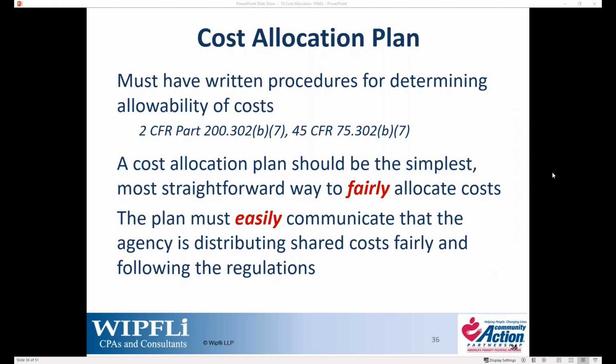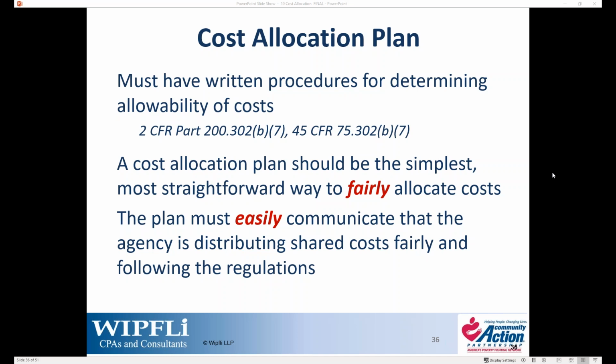Now, let's talk about cost allocation plans and what it means to have a plan. The regulations say that you must have written procedures for determining the allowability of costs. So how do you determine if that cost is allowable? Now remember, we went through the factors that do affect allowability of costs, so that's something that you have to keep in mind.